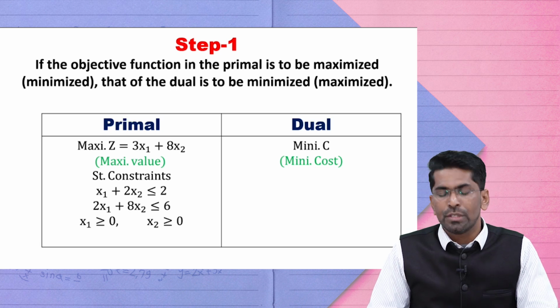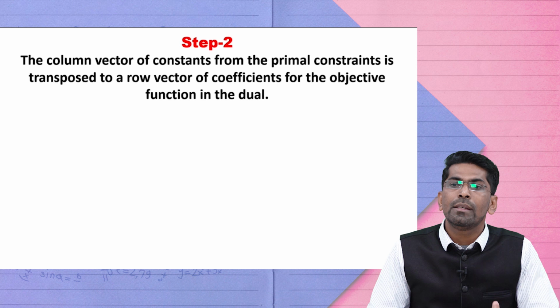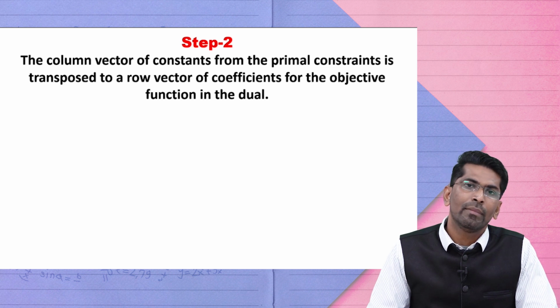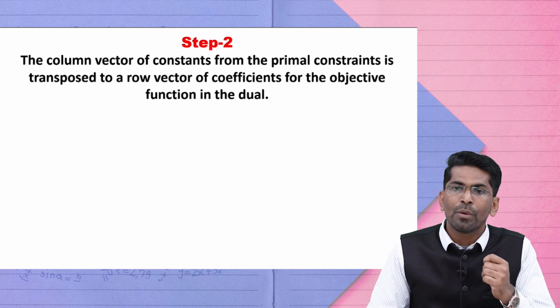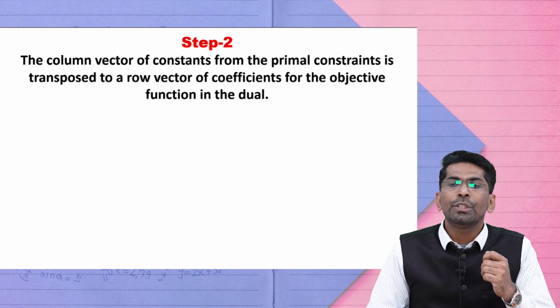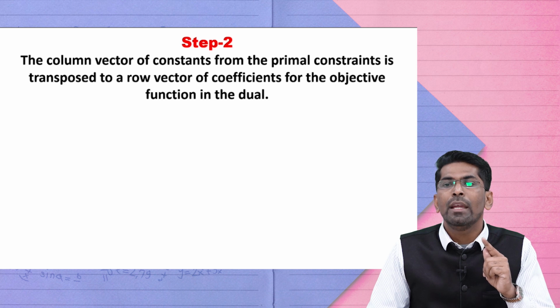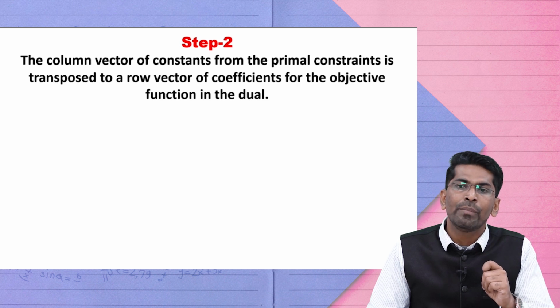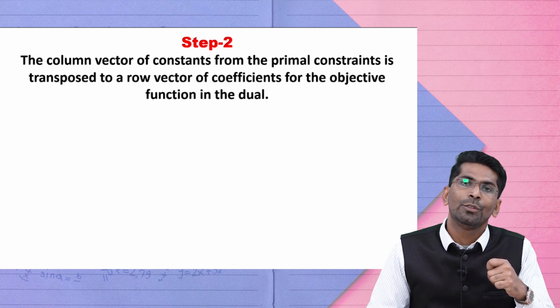See, after the first step, the next step is that the column vector of the constants from the primal constraints is transposed to a row vector of the coefficients for the objective function in the dual. Which means that in the process of constructing the dual problem from its primal in linear programming, the coefficients of the objective function in the dual problem are derived from the constants of the primal problem's constraints. This should be kept in mind.